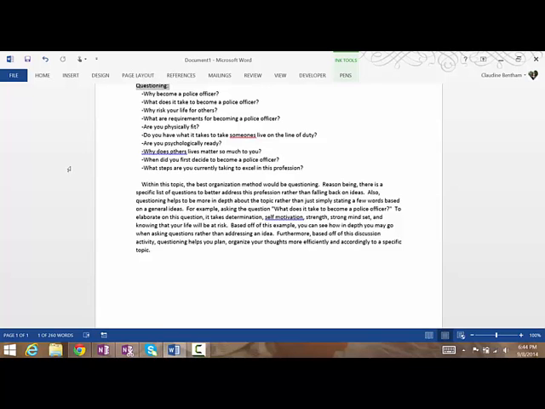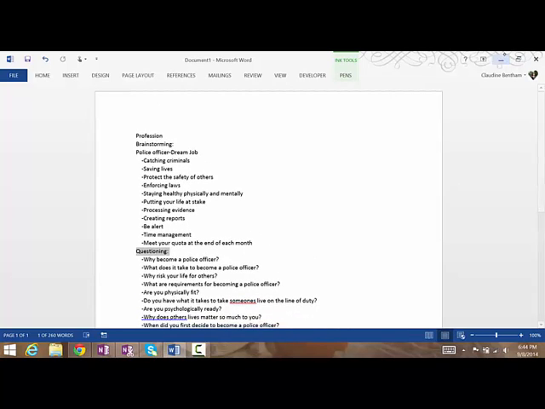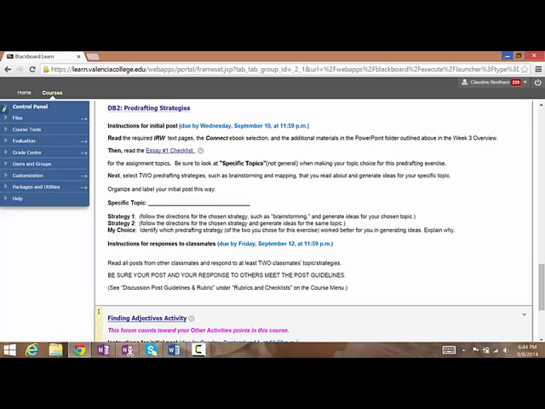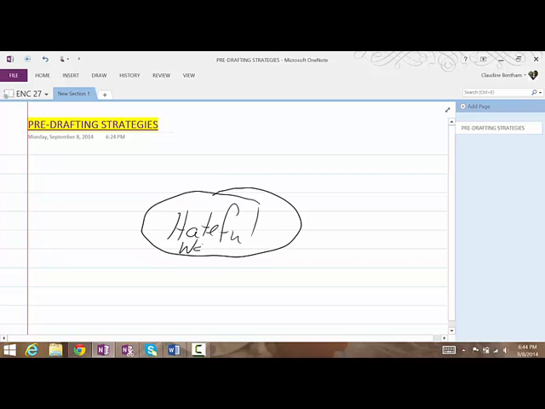When you're expressing your brainstorming, here's another example I wanted to show you. If you're talking about hateful words, and I'm a lefty, so please do not pay attention to my wonderful penmanship, you can do a bubble map.